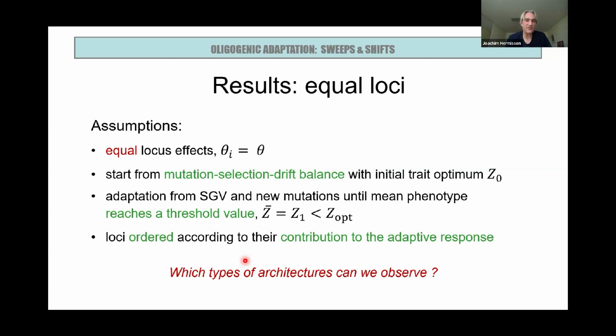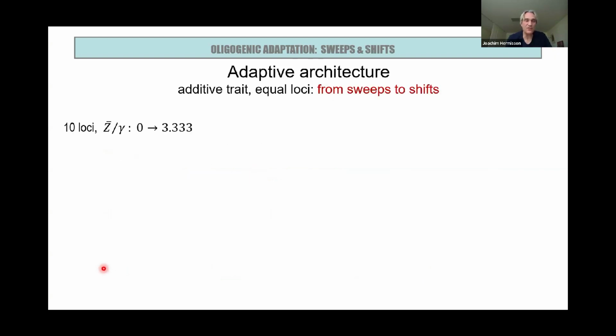All right, let's first have an overview of that. The scenario that I consider here has 10 loci, and we assume that the trait mean shifts from an initial position of 0, where all the loci carry the one allele, to a value of 3.333.